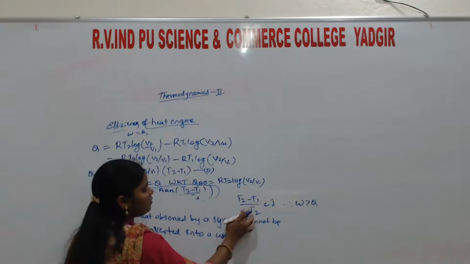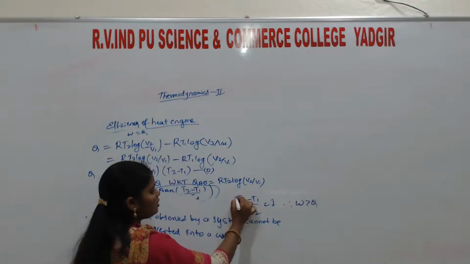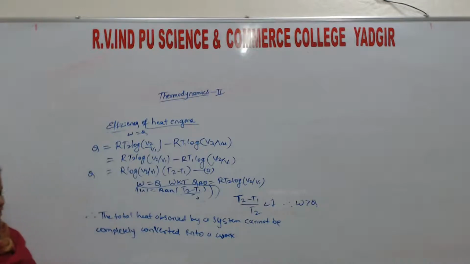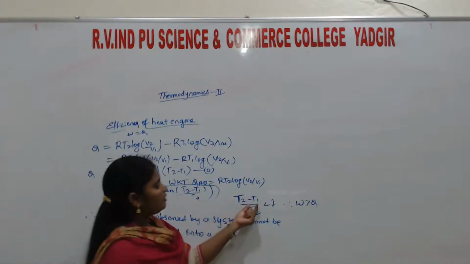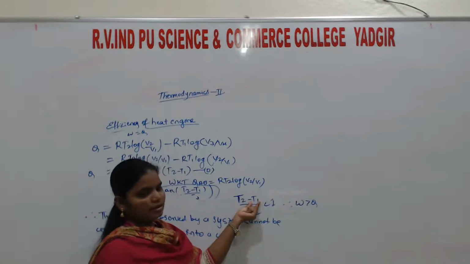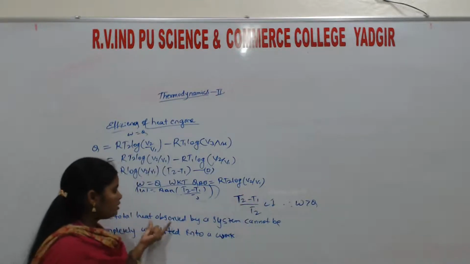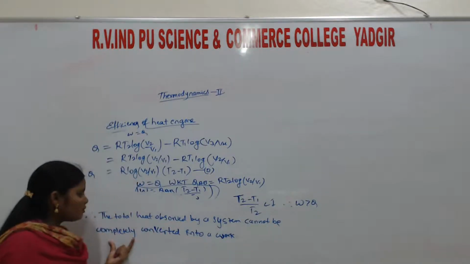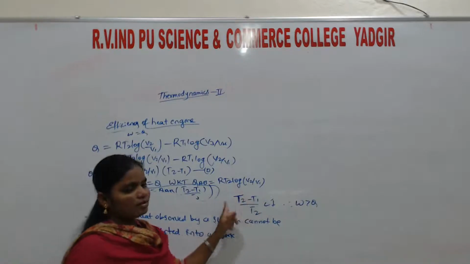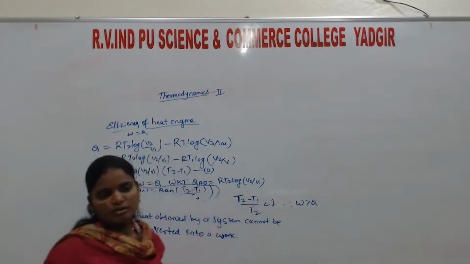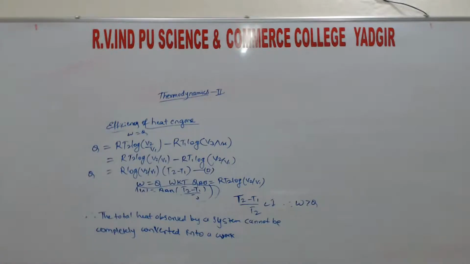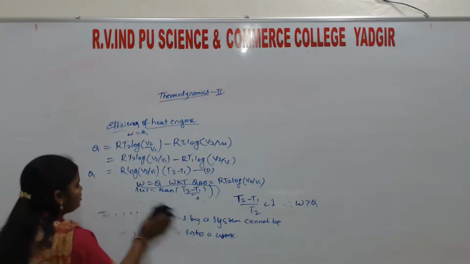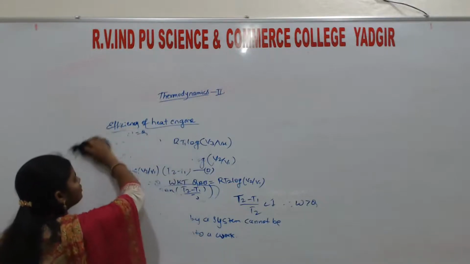Here T2 minus T1 divided by T2. T2 is used for work, and T1 is transferred from the system to the surroundings. The heat is not completely converted into work, so W is less than Q. This is the efficiency of the heat engine.